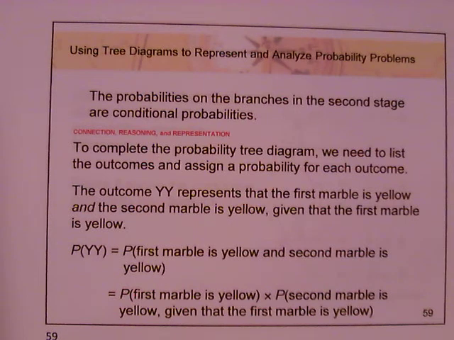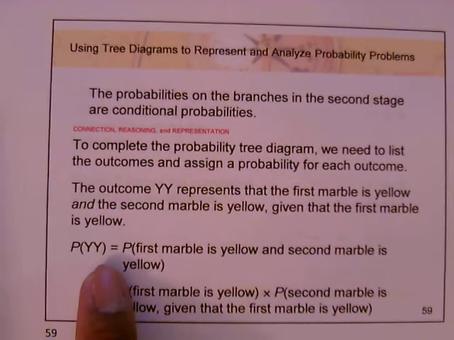To complete the probability tree diagram, we need to list all the outcomes and assign a probability for each outcome. So the outcome YY, which means that the first marble is yellow and the second marble is yellow, this is the notation for that.